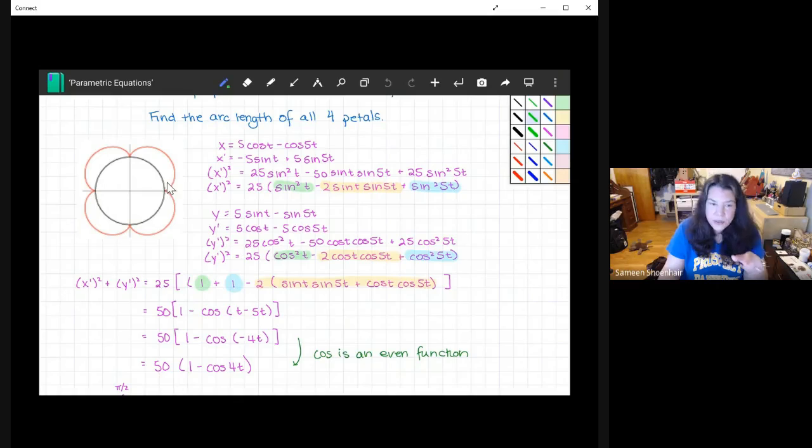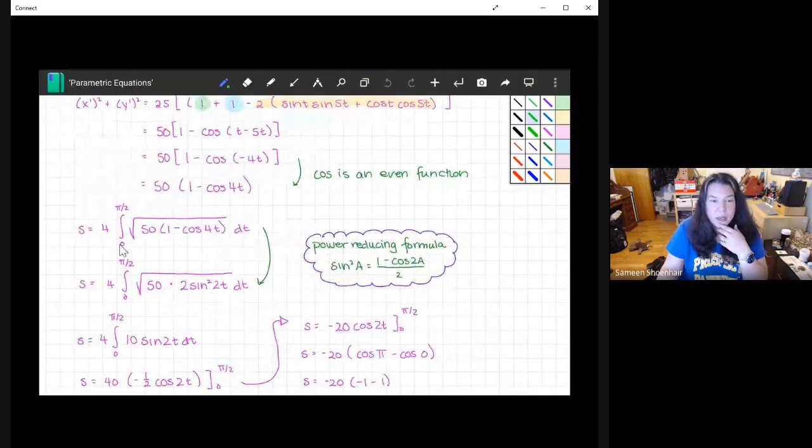Now be careful. If we think of a unit circle, this is 0, this is pi over 2. Don't automatically assume that that's going from 0 to pi over 2. You do have to think about the actual values it creates and the path that it traces. But 0 to pi over 2 is going to create one petal. That's why I went from 0 to pi over 2, but that's only one petal. So I had to multiply by 4 to get all 4 petals.